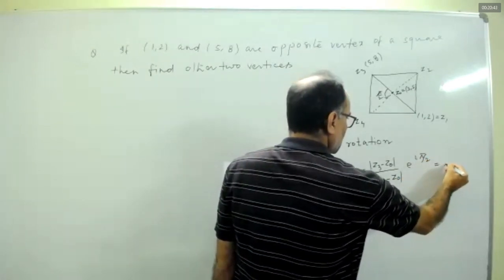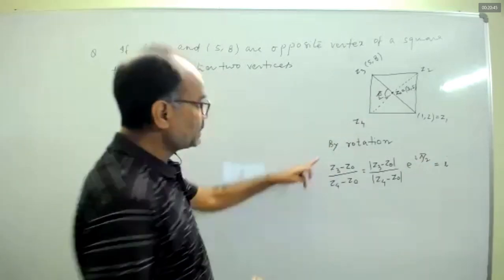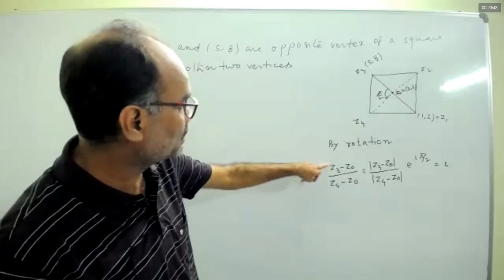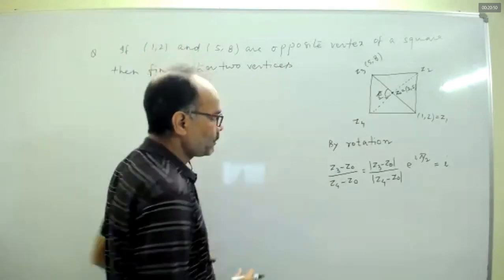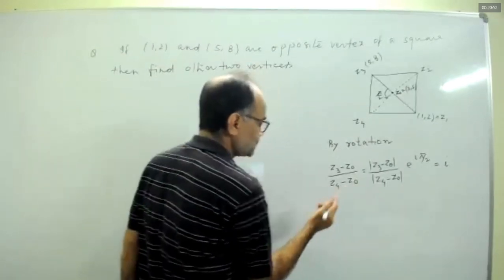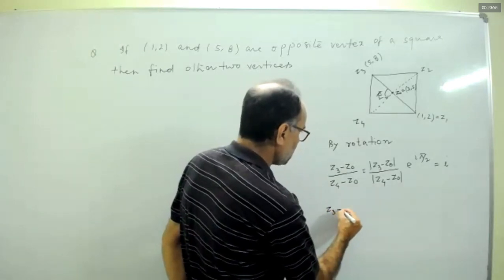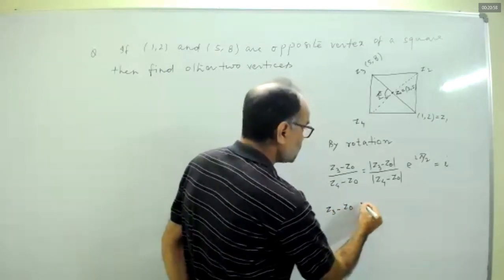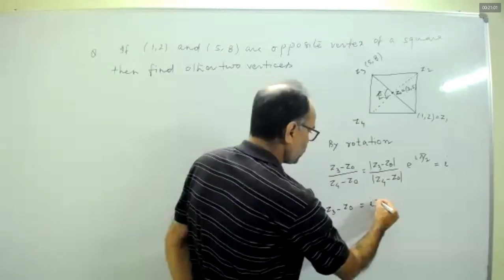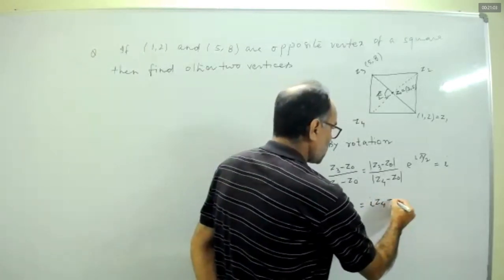That is i. Everything is known except Z4. So Z3 minus Z0 equals i times (Z4 minus Z0).